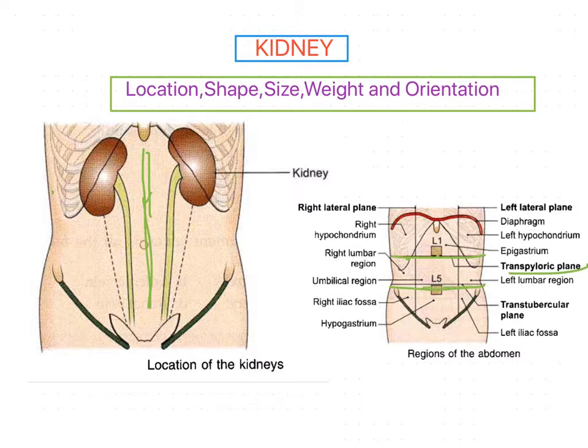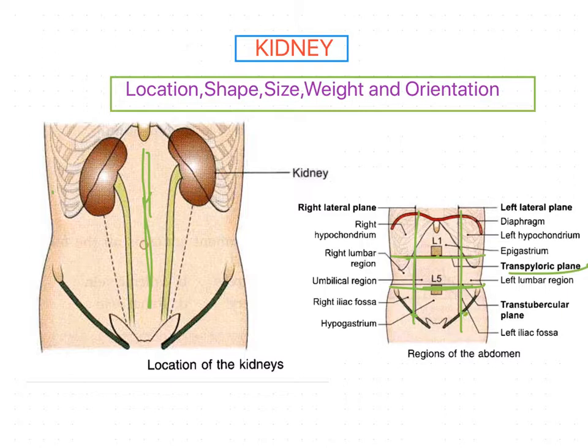So these are the two transverse planes, and on the right and left sides we have the mid-clavicular lines, the right lateral plane and left lateral plane, which cut at the level of the mid-inguinal point.